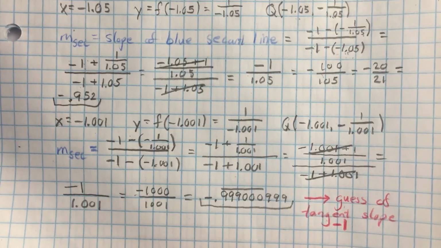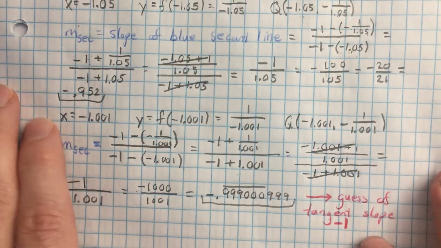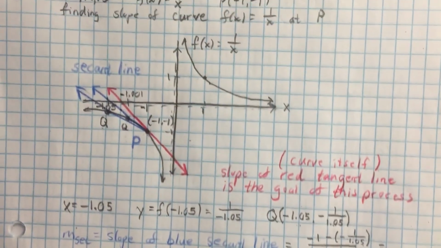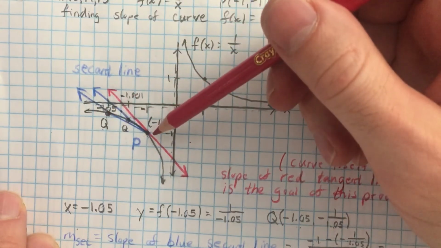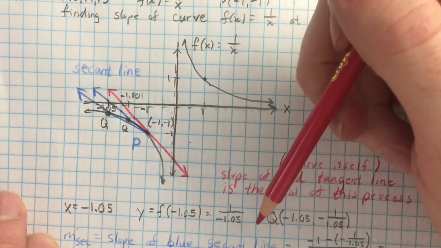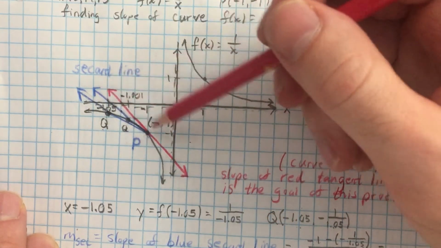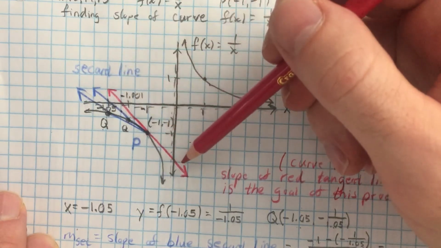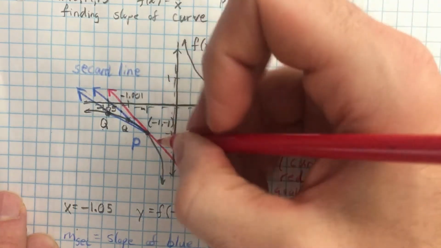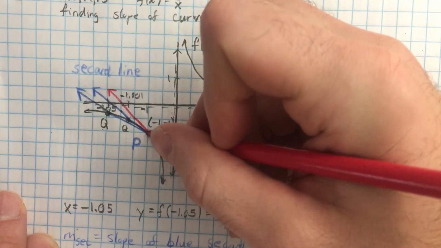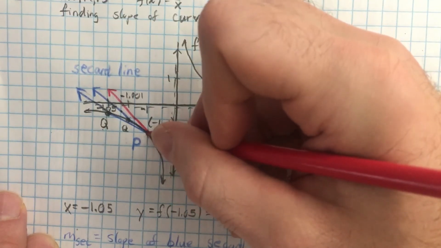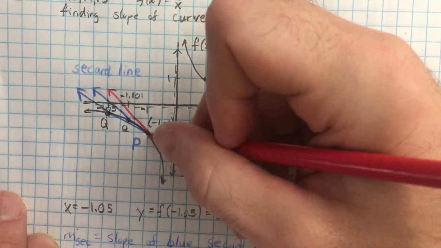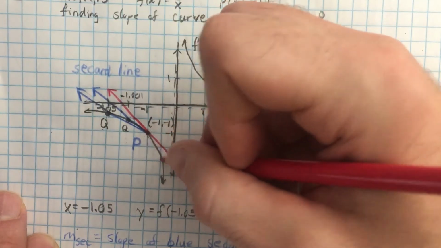Negative 1. Okay. If you look back at the picture, now it's true I exaggerated the locations of Q, but in the original picture, before I put Q on and the secant lines on, when I just drew the red tangent, it actually does look pretty convincing, right? My tangent slope, as I move from one location on the tangent line to another location, it looks like down 1, right 1, down 1, right 1.